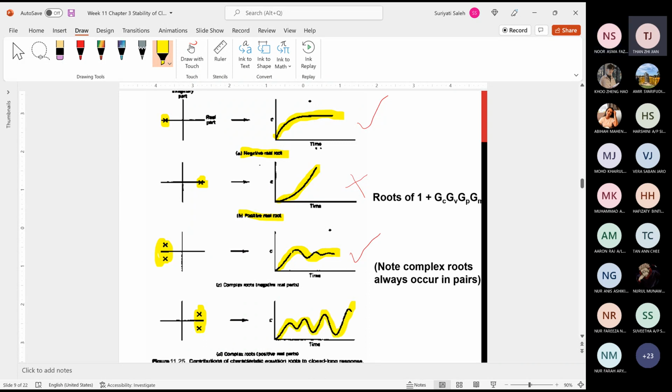Unstable means you don't reach the steady state. So this is the explanation of what happens with negative or positive roots, and complex or real roots. Complex numbers contribute to the oscillation. Positive roots will become unstable. This is the concept of stability based on the root.